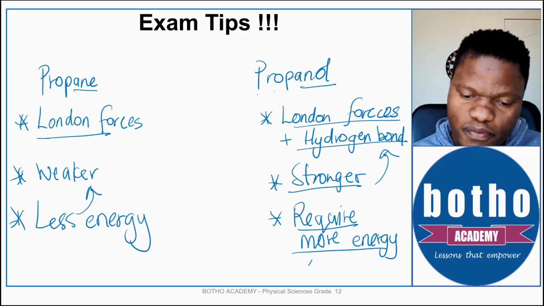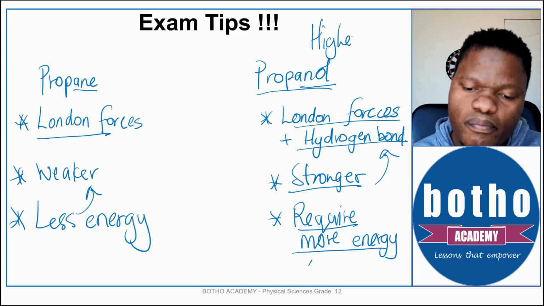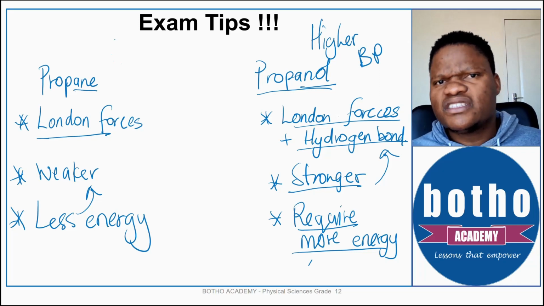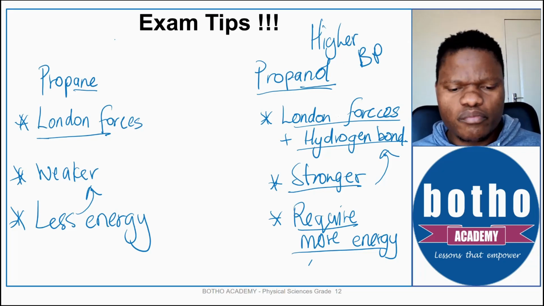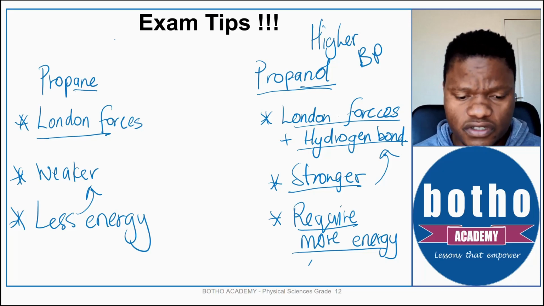That is why the propanol will therefore have a higher boiling point, compared to the propane, where you are going to have a lower boiling point. This is just in a nutshell how you compare 2 different compounds that have different types of intermolecular forces.